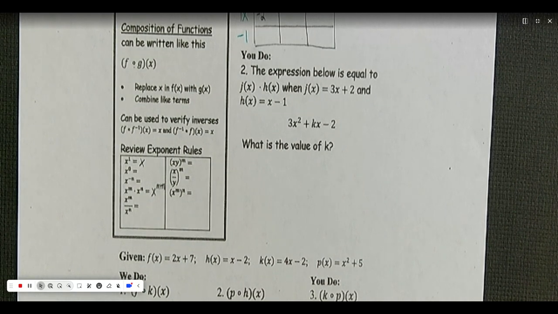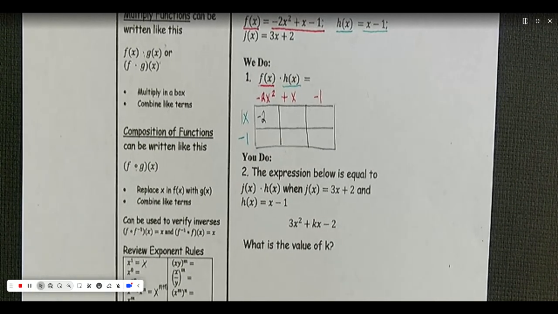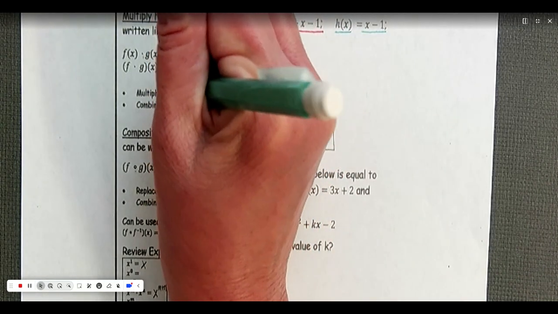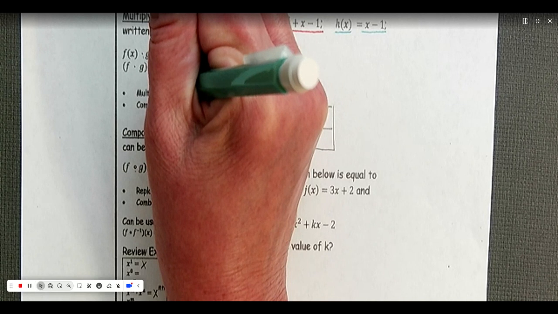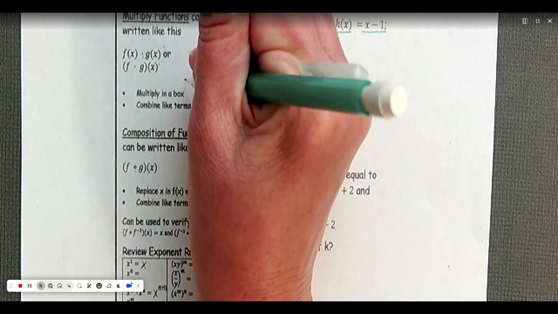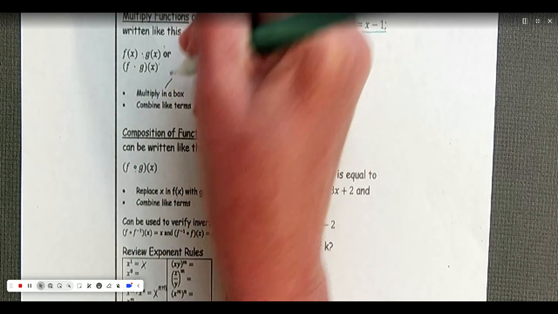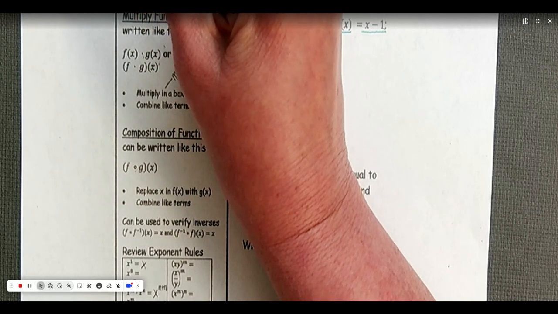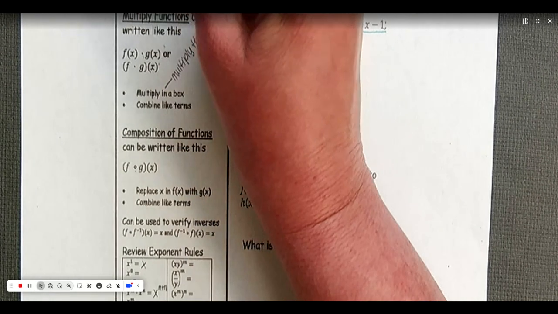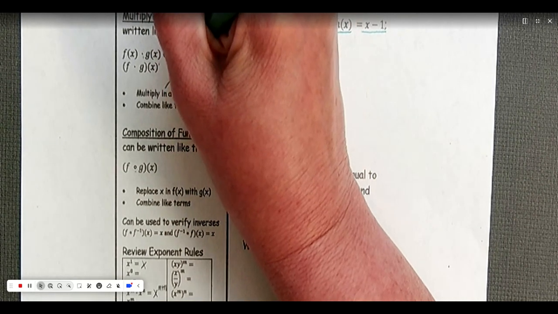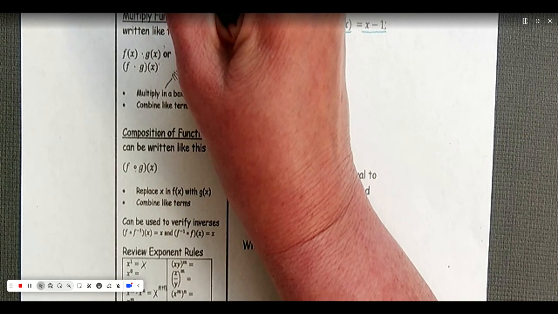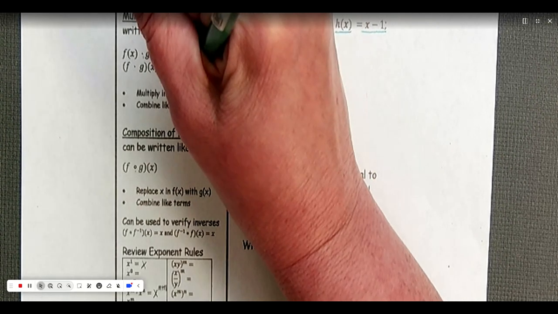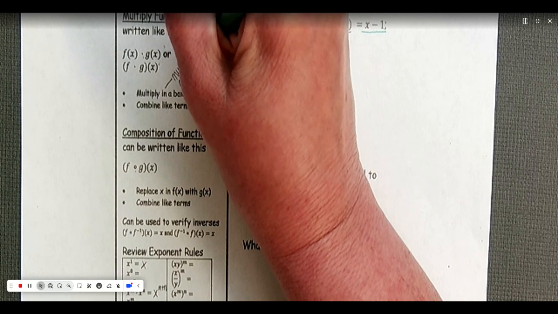Okay, so we need to remember that when we multiply, our endings are going to change. So let's make a little note up here. When we multiply, we multiply the coefficients, or the numbers that are in the front, and we add the exponents.